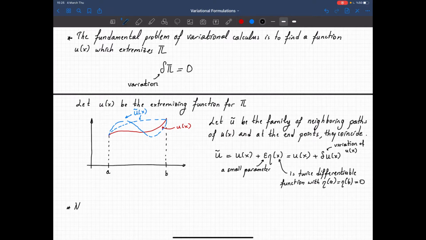Note that variation and differentiation have clearly different meanings.